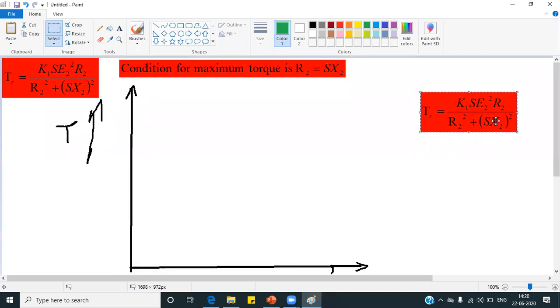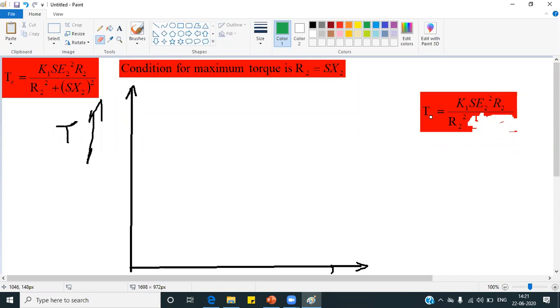In the denominator, S into X2 whole square, with S nearer to 0, that is 0.1 squared, would be very small. So the SX2 term will be neglected because the value of slip is very, very small compared to R2.